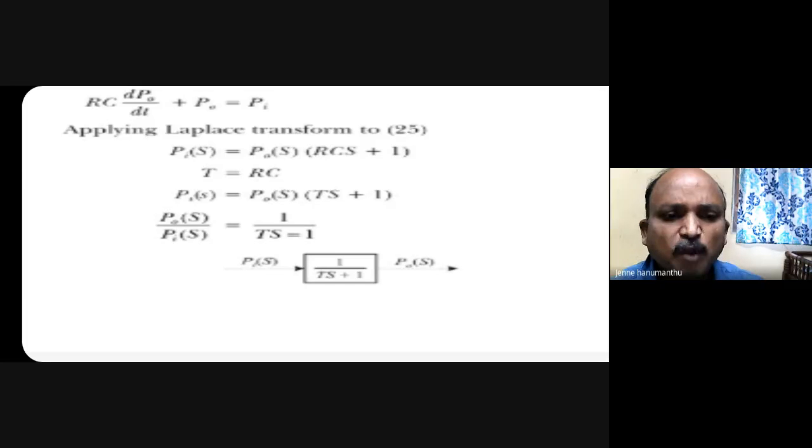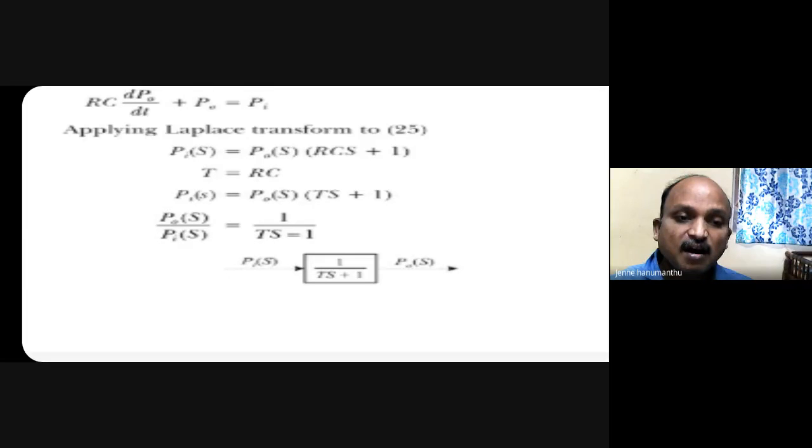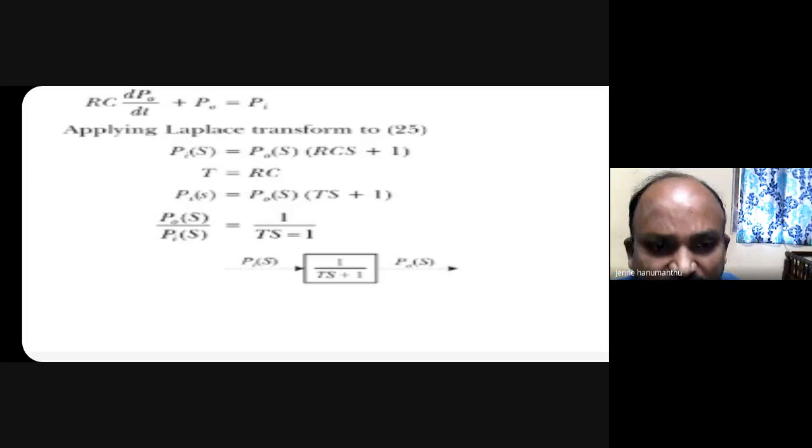So from this block diagram, what we are expecting is that the output pressure of the gas depends on the input pressure of the gas and the transmittance. This is the way we can represent the gas system as mathematical models.